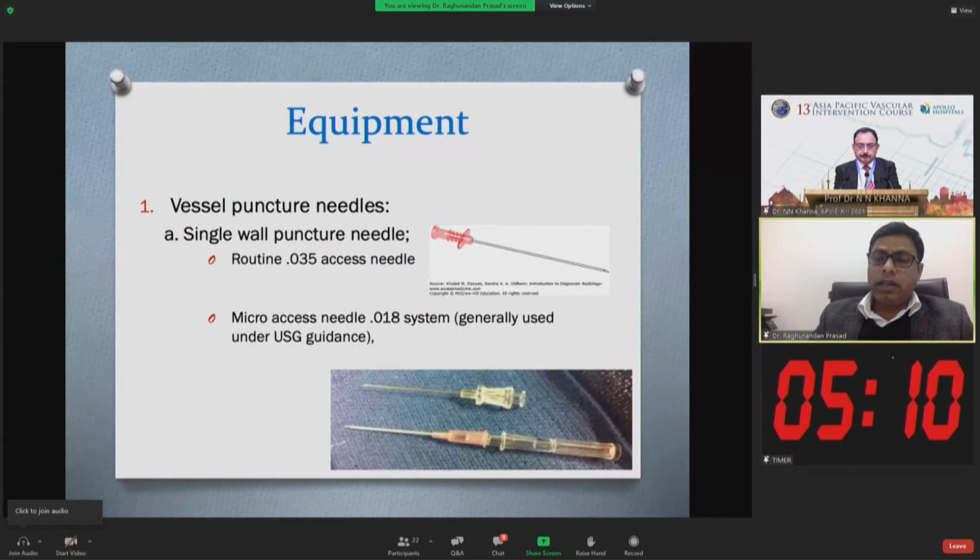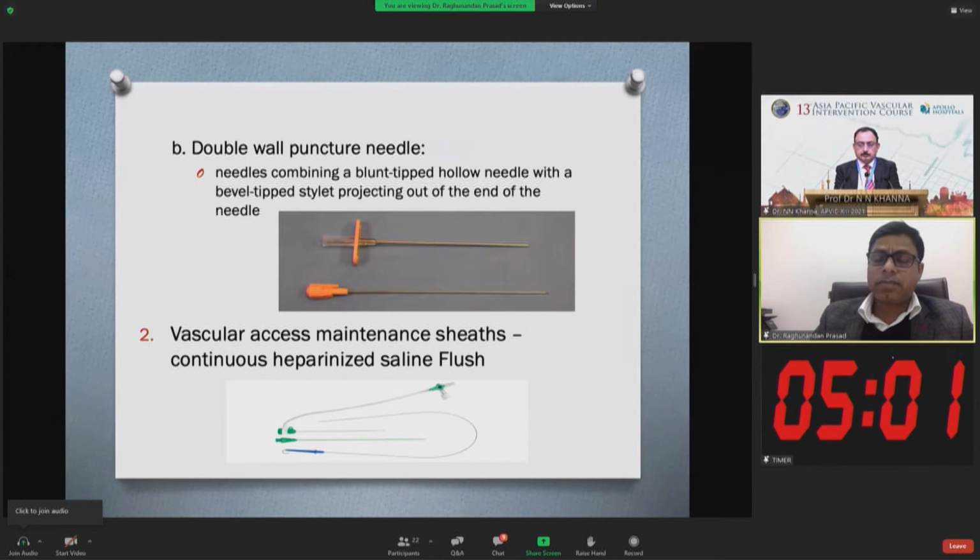We should try to do a single wall puncture, and that will come in the next step. But previously, when guidance was not available, the double wall puncture technique was used, with a specially designed needle with a blunt tipped hollow needle and a beveled stylet.